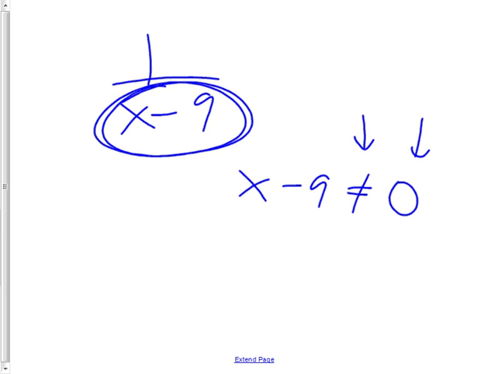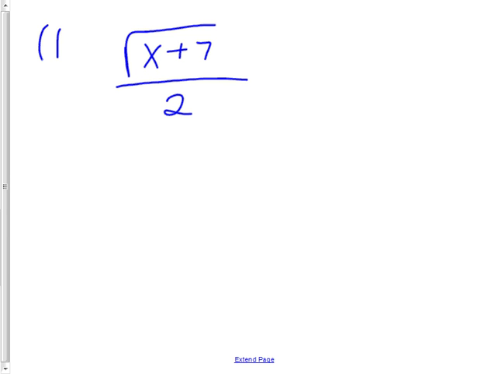That's how you get your domain when there's a fraction. All right? So then if I solve this, I add 9, x cannot equal 9. That implies everything works except x cannot be 9. It can be anything else in the world except 9.